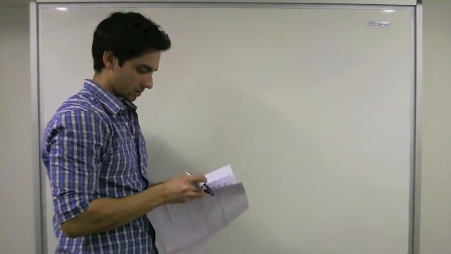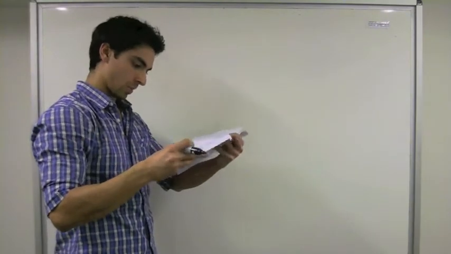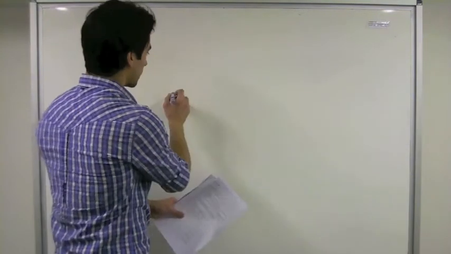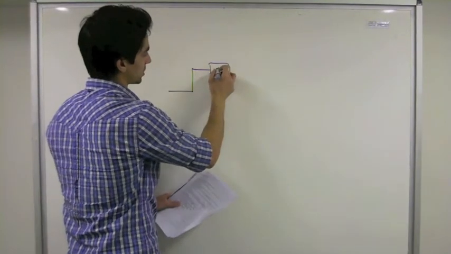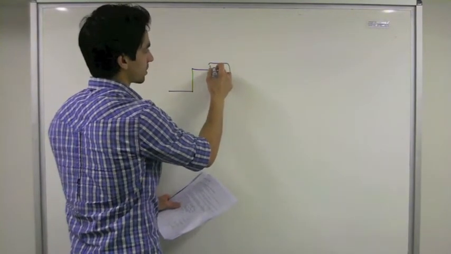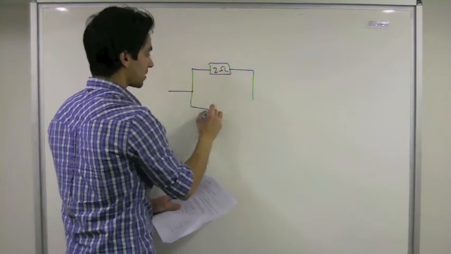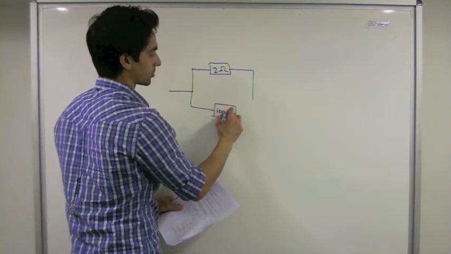Capital resistances. Now, the next portion should be about potential dividers. Okay, first before that, if I have two resistances, let's say 2 ohms, and a resistance over here of 1000 ohms.